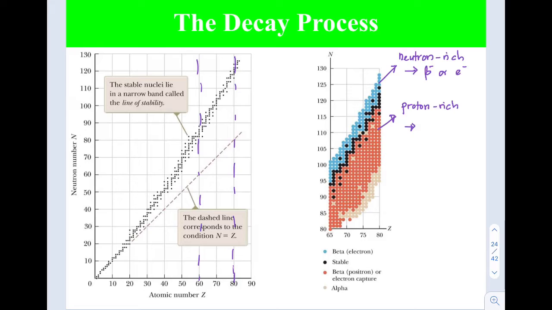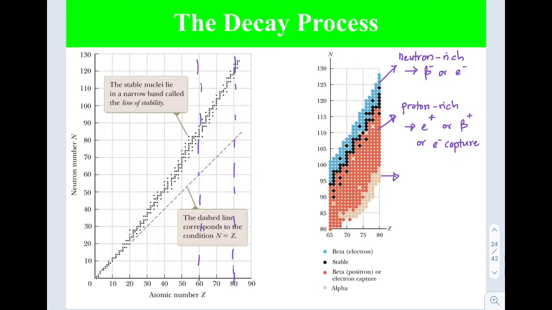That is why they tend to release positron, also symbolized as this, or by the process of electron capture. This is releasing; this is capturing of an electron.